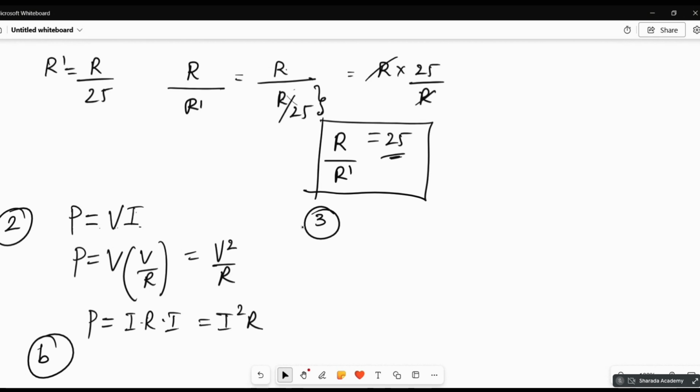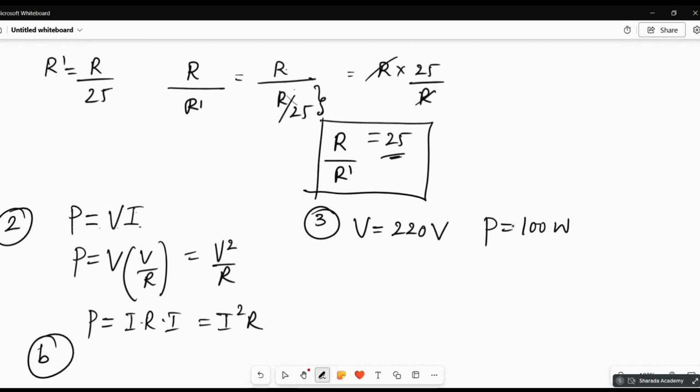Third one. An electric bulb is rated 220 volts and 100 watts. When it is operated on 110 volts, the power consumed will be. This is the question. So what is given? Voltage is 220 volts and power is 100 watts.